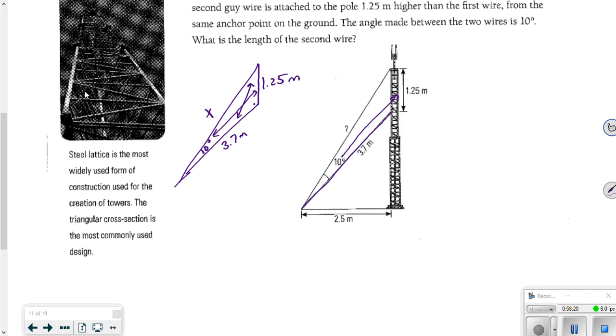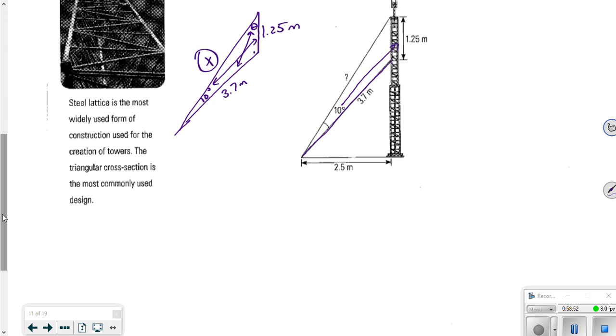The 10 degrees and the 1.25 are directly across from each other. So I'm going to use my sine law to try and solve this. In this case, I'm solving for an angle. I can't solve for this side yet, so I'm going to solve for this angle instead. So I'm using my sine law with an angle on the top because I'm trying to solve for an angle.